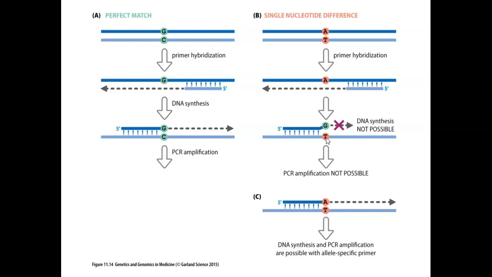Because of that, the T's disaffinity for the G means DNA synthesis isn't going to happen, and you are not going to get amplification.